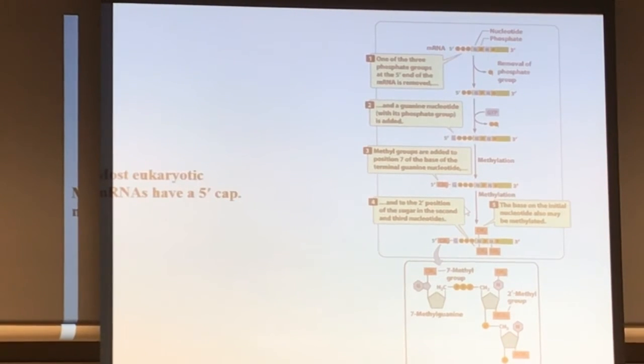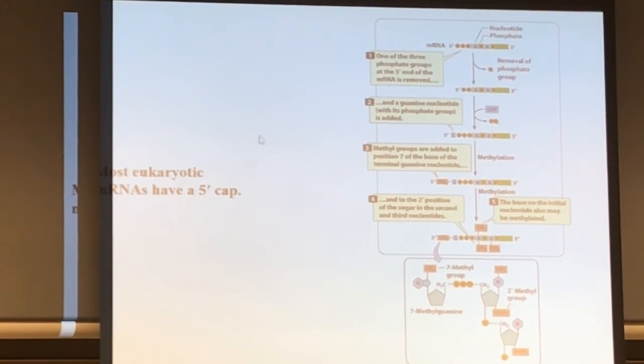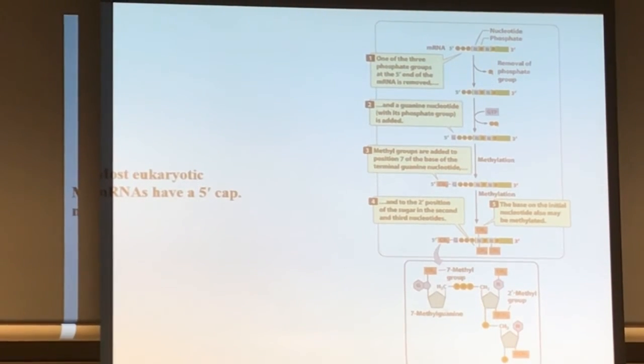It provides some protection for the messenger RNA, so the cytoplasmic proteins don't eat it up. Somehow they recognize this guanine with the methyl groups and leave it alone, at least until it's translated to protein. Okay? Most eukaryotic mRNAs have a 5' cap. This is the 5' cap region, magnified here. This is the guanine, this is the methyl group, and this is the ribose sugar.